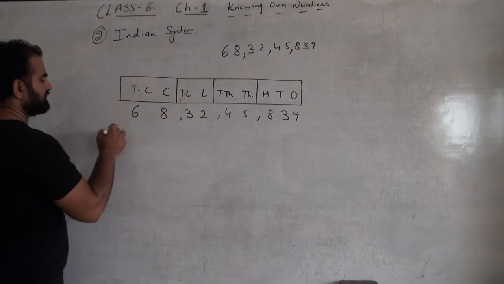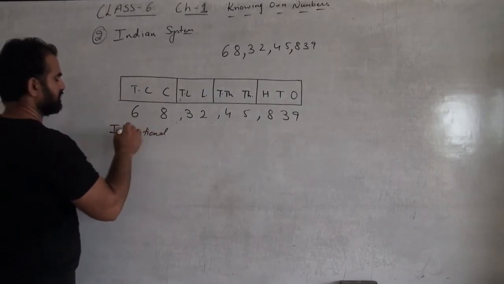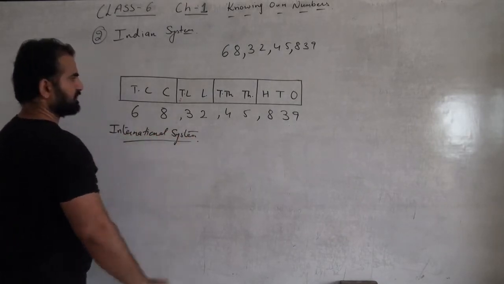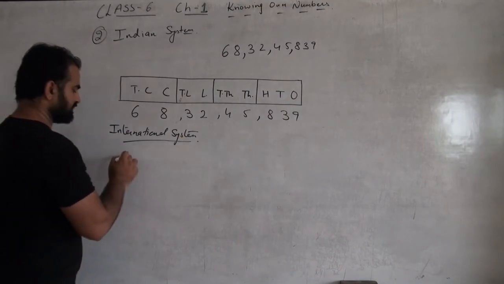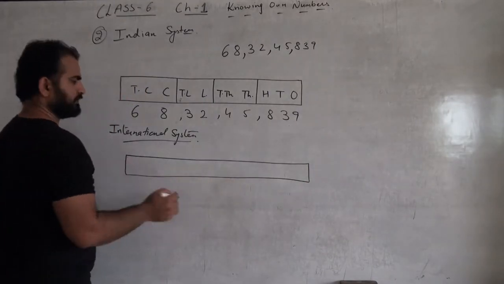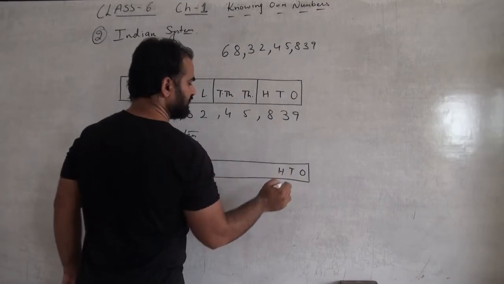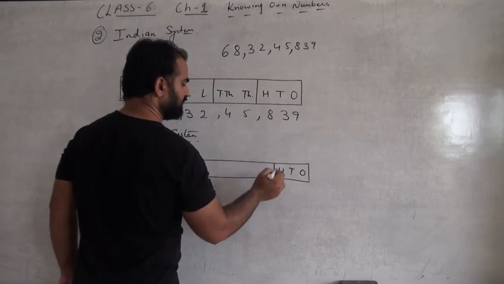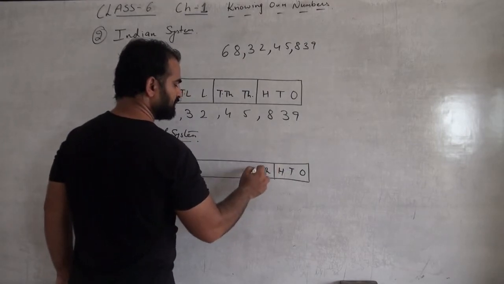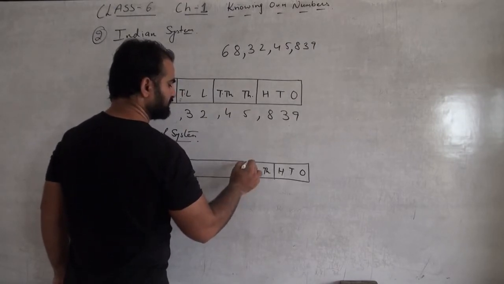So in the international system, the groups will be like this. This will be ones, tens, hundred. This will be 1,000, 10,000, and then 100,000.